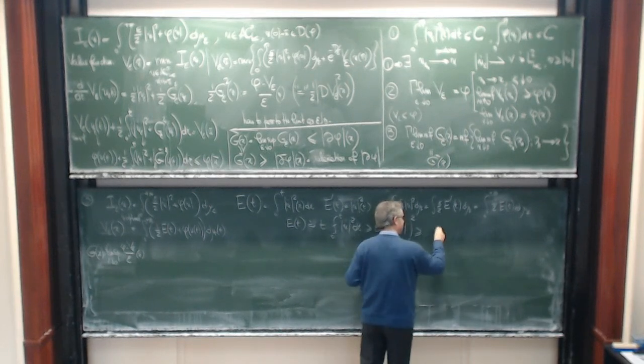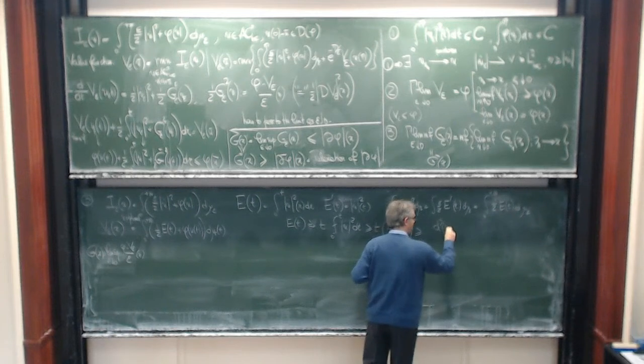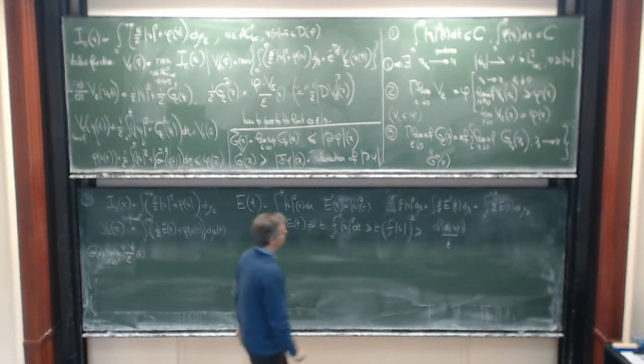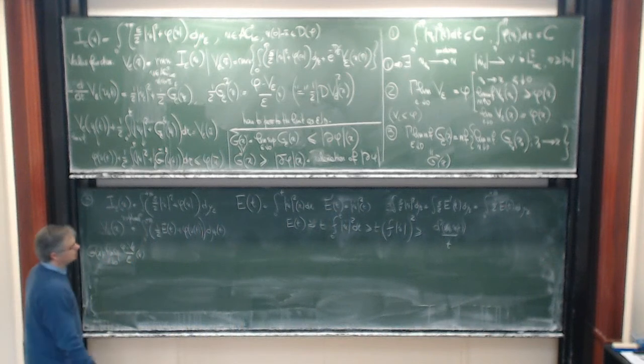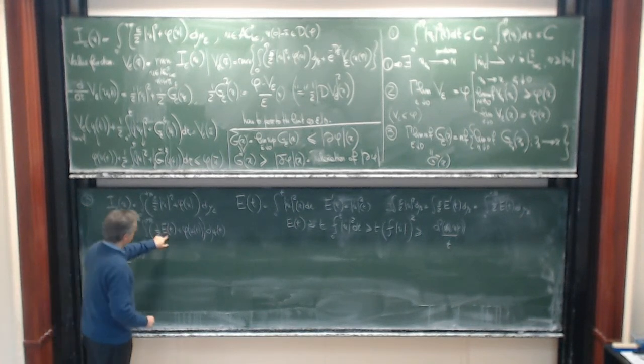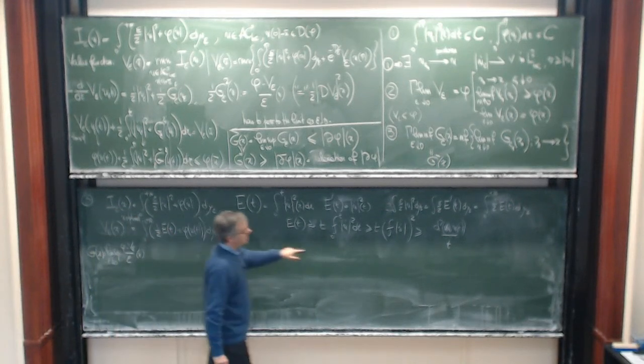So you have here the distance square between the initial point u0 and u(t), divided by t. Okay? So I look for a lower bound, so for every time t, I may substitute this energy by this quantity.